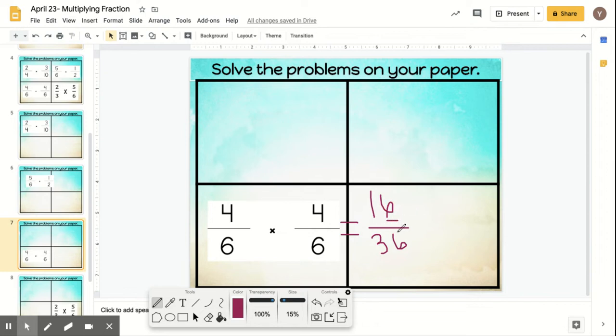So looking at my last number, they both end in 6. 6 is an even number, so if I don't know my greatest common factor, I can just start with 2 because they can both be divided by 2. So 16 divided by 2 is 8, and then 36 divided by 2 is 18.